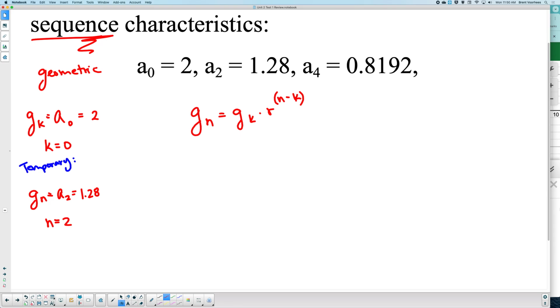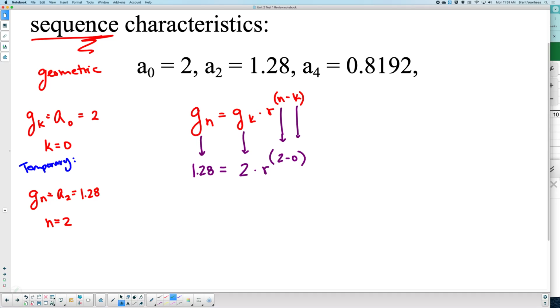So if we substitute n, we can solve here. Gn. What are we substituting for Gn? 1.28 equals gk, 2 times r to the power of, what's n? Minus, what's k? 0.